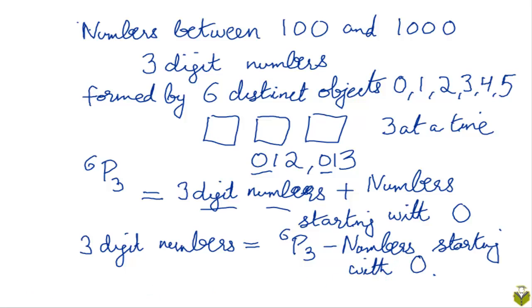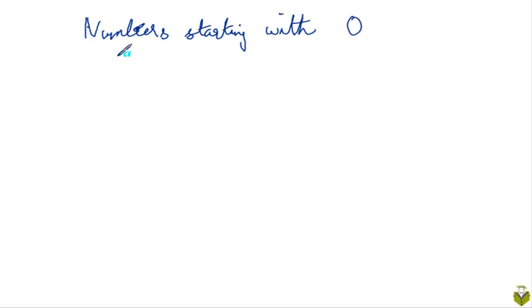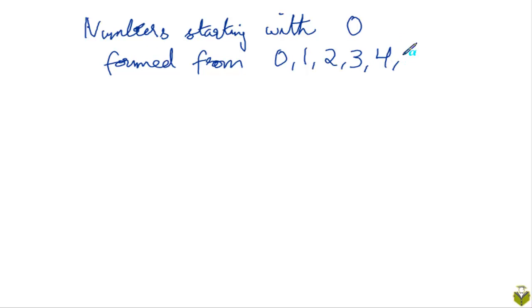Let me go to the next page just to find the numbers starting with 0. So numbers starting with 0 formed from 0, 1, 2, 3, 4 and 5, right?